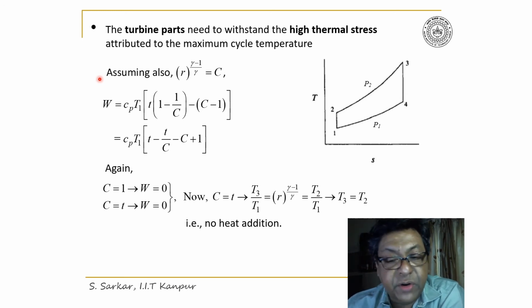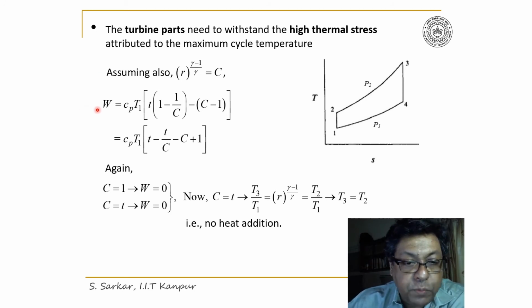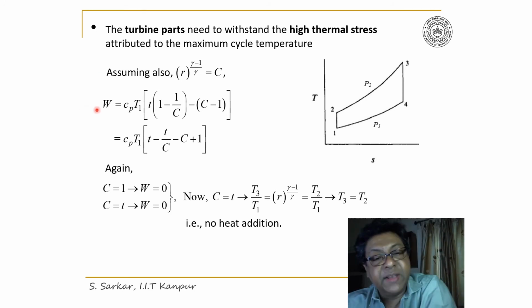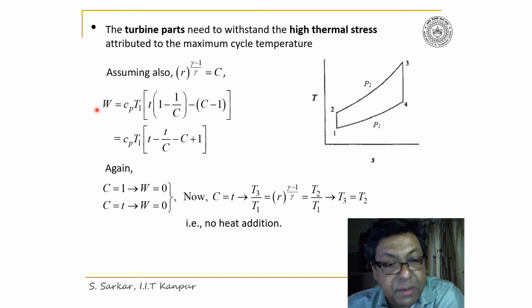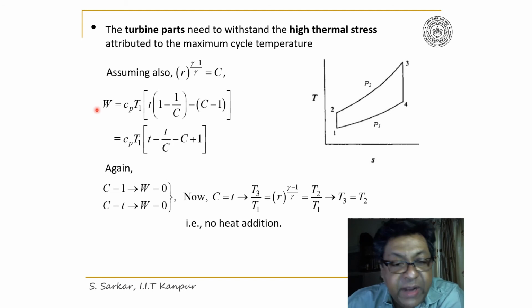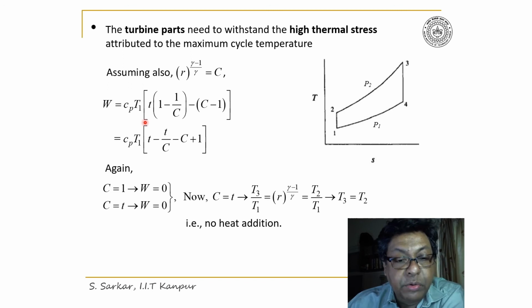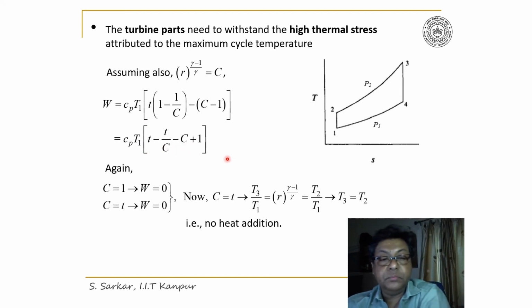So with the assumption of small t and C, specific output W can be expressed as Cp into T1 within the bracket small t, again within the bracket 1 minus 1 by C, minus C minus 1, which can be simplified as Cp into T1 within the bracket small t minus small t by C minus C plus 1.